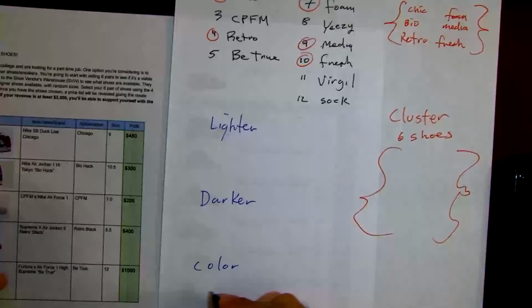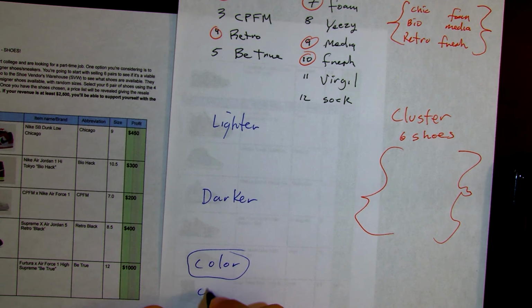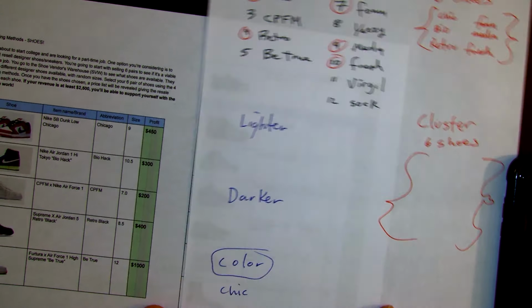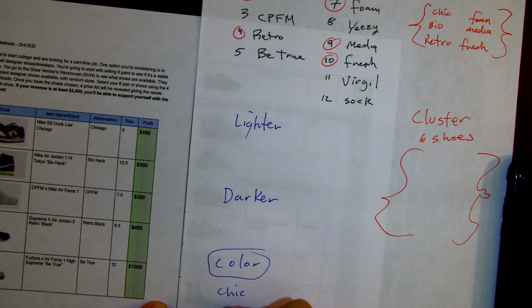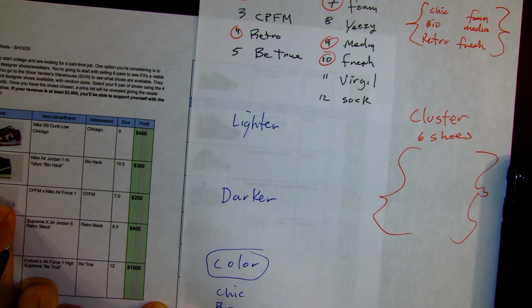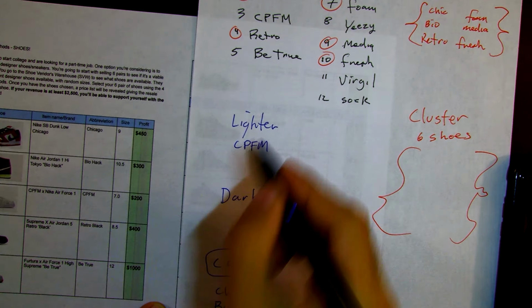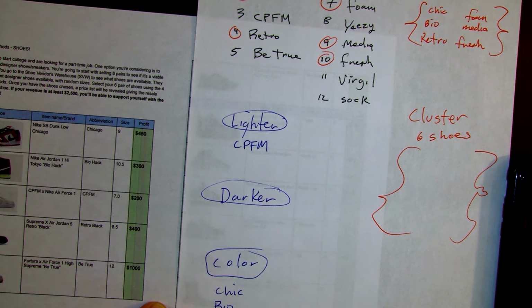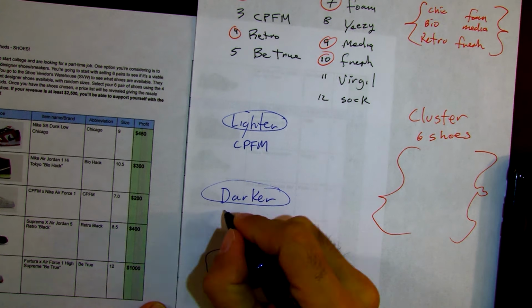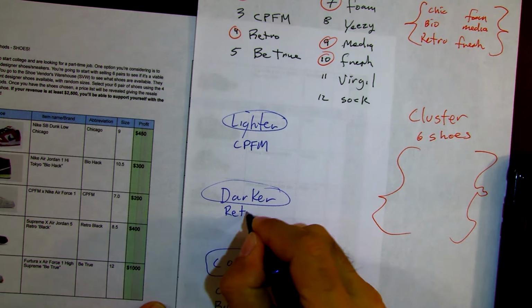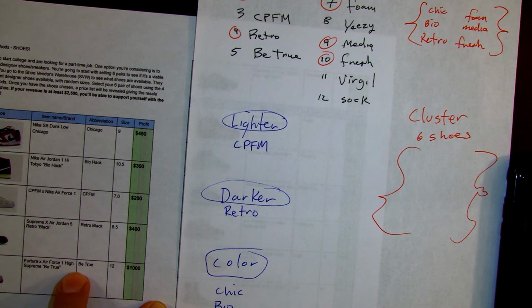This guy, the CPFM, is definitely the lighter one. So we're just making our clusters right now. Next one we have is the retro black. That's definitely going to be the darker one. And we have Be True. That's a pretty light color. Next, let's put the Louis Vuitton one in the darker one. Colorful, that's our foam.